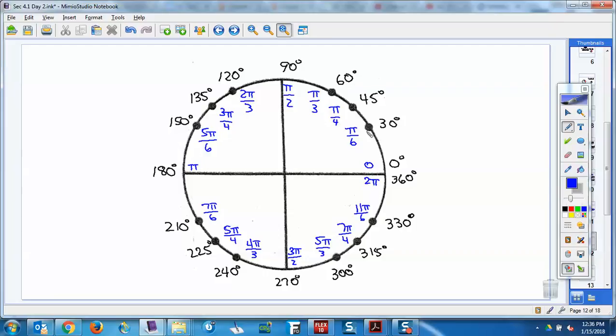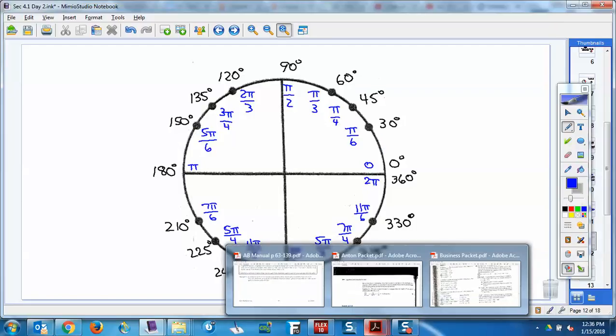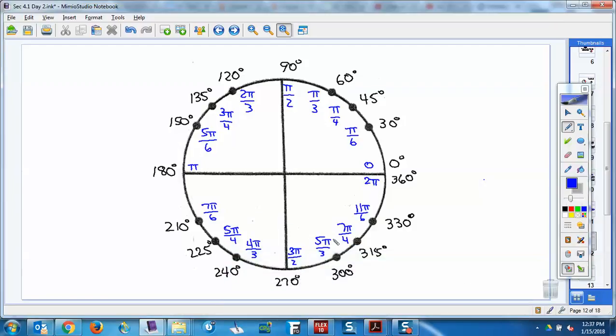Pi sixths is 30 degrees. 150 is 5 of those, 5 30s, so that'd be 5 pi sixths. And then all the way over here is pi, and so forth for the rest of the way around. We will get very familiar with these fractional units of pi with radians, because we'll practice it over and over and over.